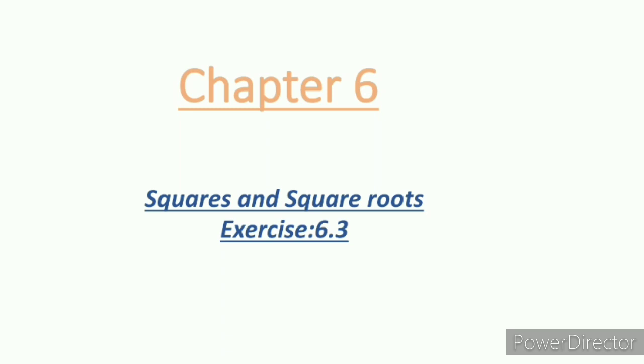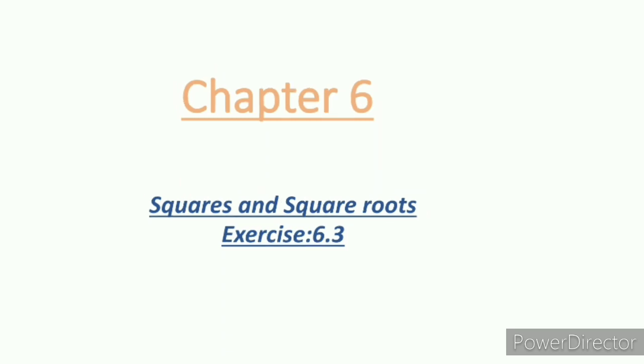One is repeated subtraction, another one is the prime factorization method. I hope you understood those methods. Many of you did the homework and sent it. Very good. But today's class, we will convert non-perfect squares into perfect squares.